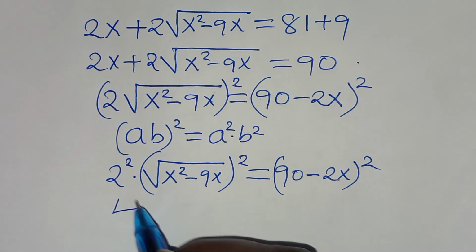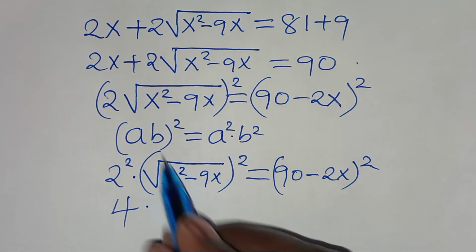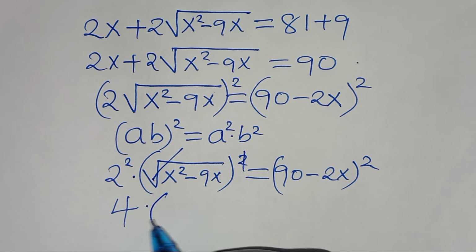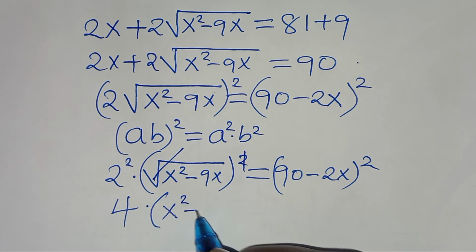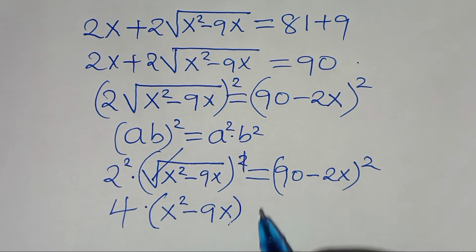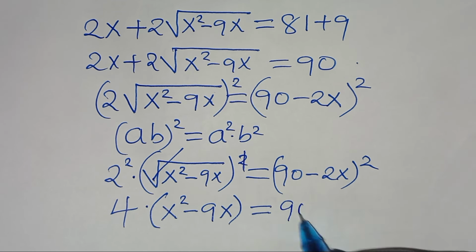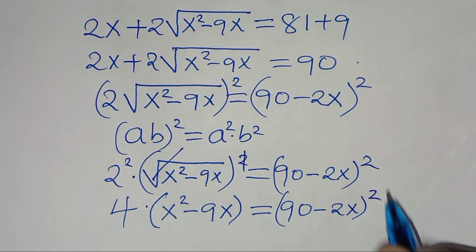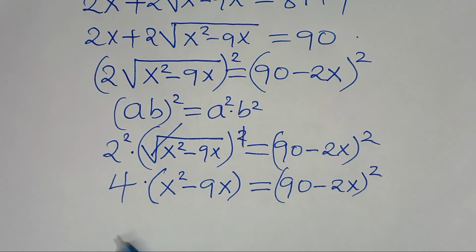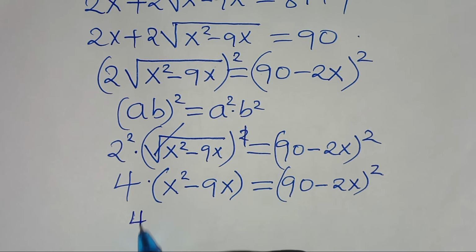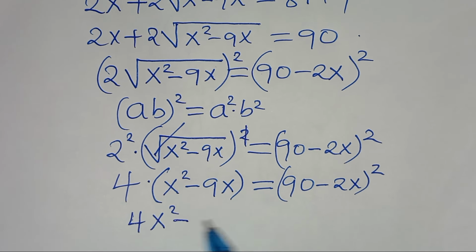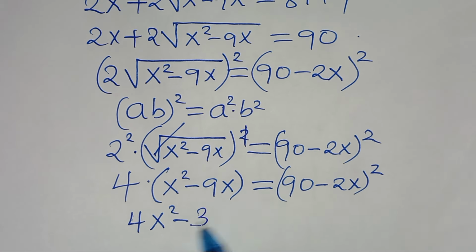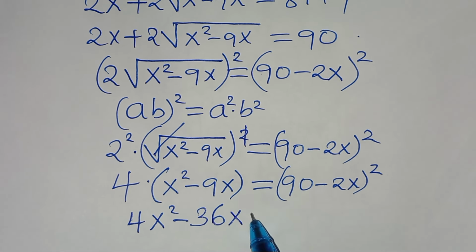So 2 squared is 4 times the square root squared, we eliminate the square root sign, so this is 4 times (x squared minus 9x) equals (90 minus 2x) squared. So this is 4x squared minus 4 times minus 9x, which is minus 36x.